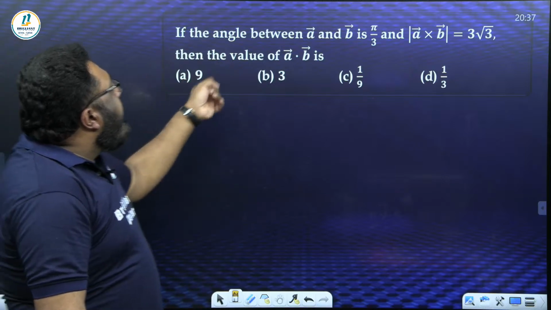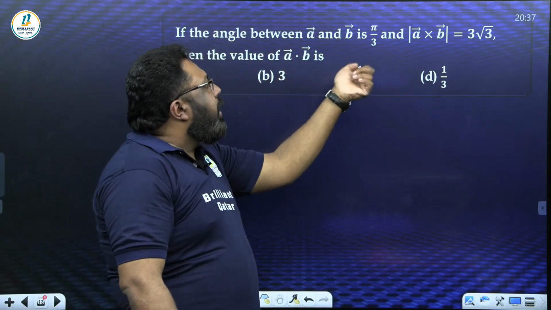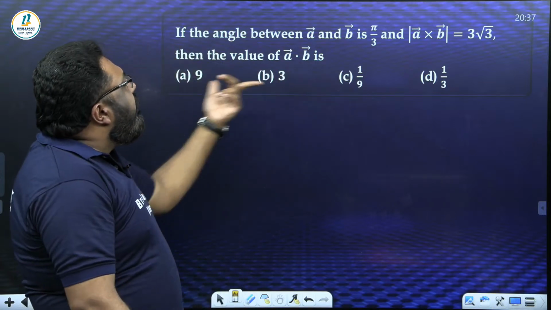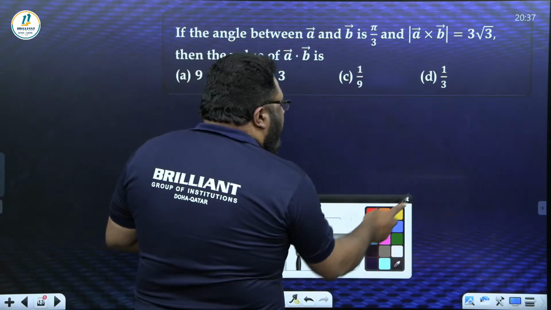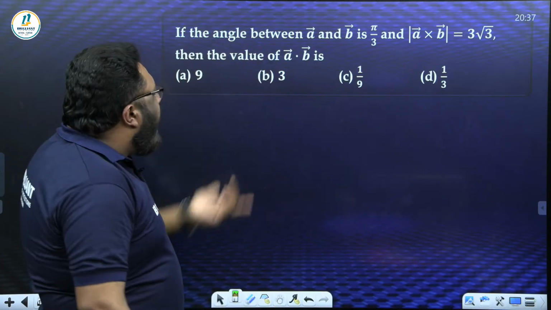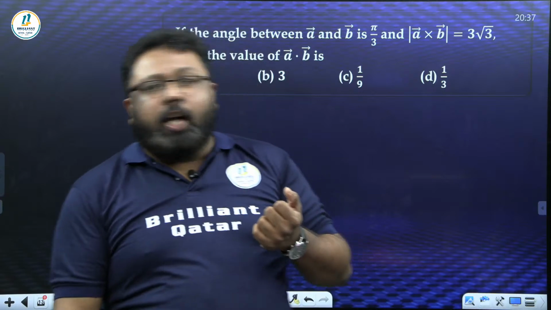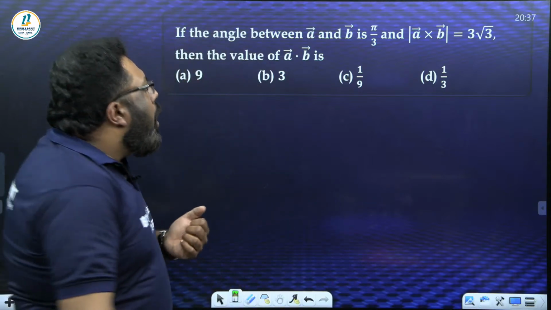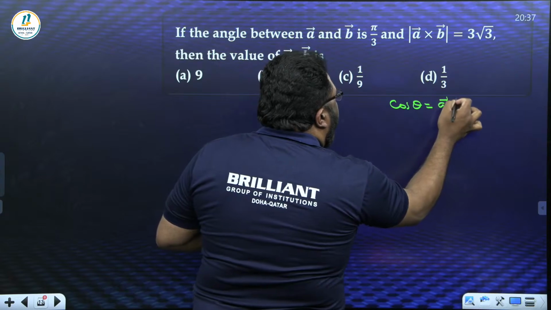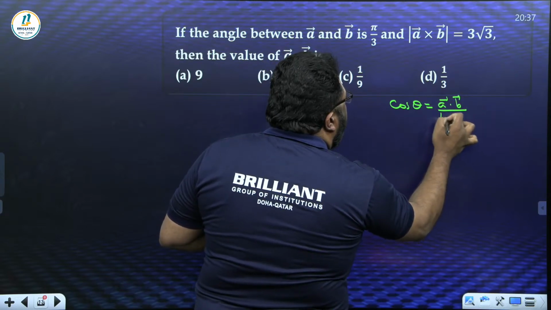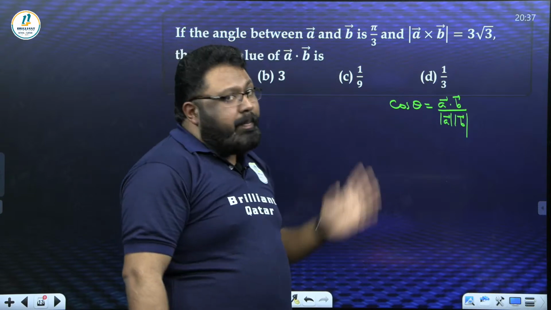Next, the angle between A and B is pi by 3, and again they're trying to connect A cross B and A dot B. Find the value of A dot B. Now this time they are giving me the angle. But if I follow cos theta, I will not get it, because cos theta is equal to A dot B by magnitude A magnitude B, and I don't have A dot B, which I'm supposed to find.